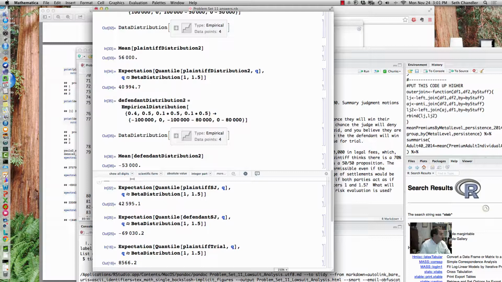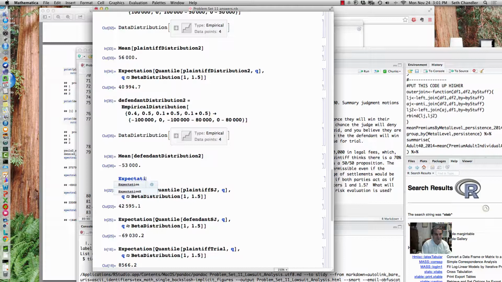Give you a hint. Starts with E. Expectation. All right, we're off to a great start. Next, starts with quantile of what? Defendant distribution 2. Second argument being Q.